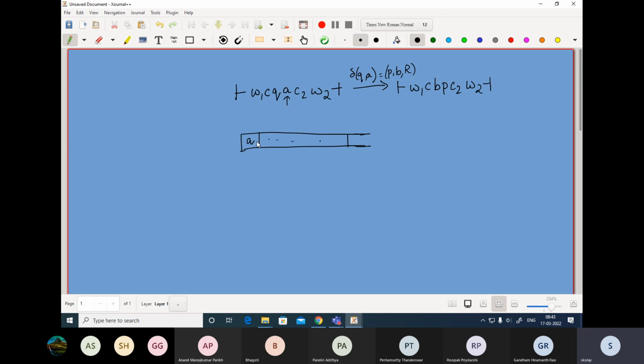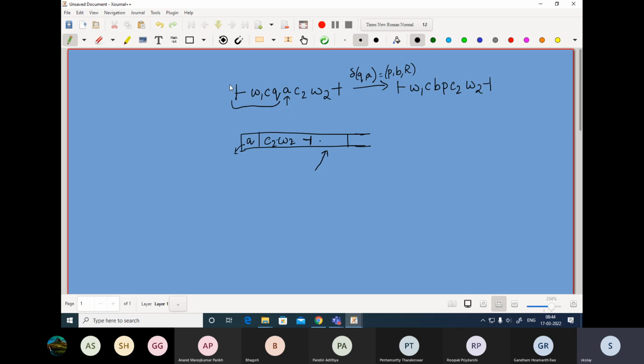But in the queue, suppose I had A, C2, W2, right hand marker. I don't exactly know how to place this yet. But if I popped out A, I have to enter everything at the end. I cannot replace A. In the Turing machine, I was replacing A.